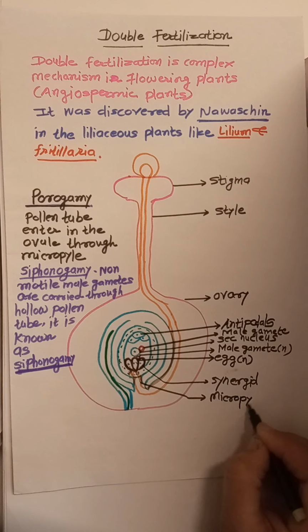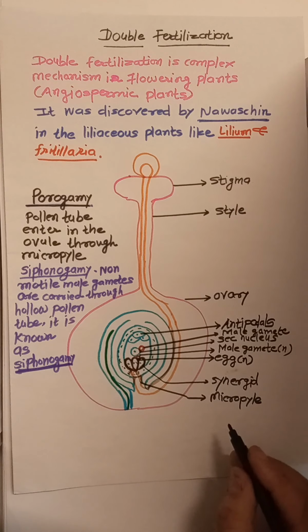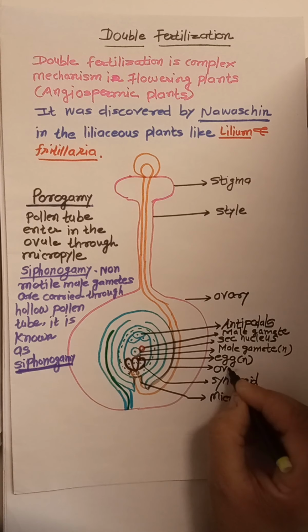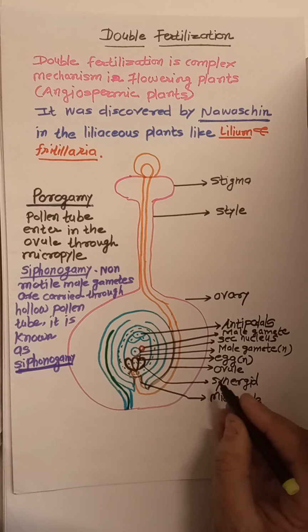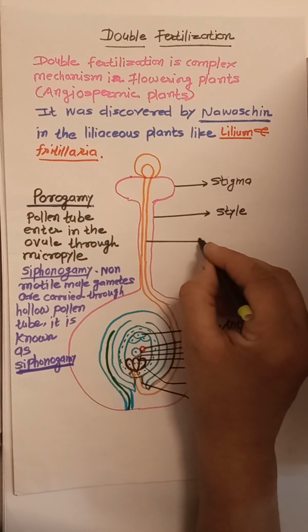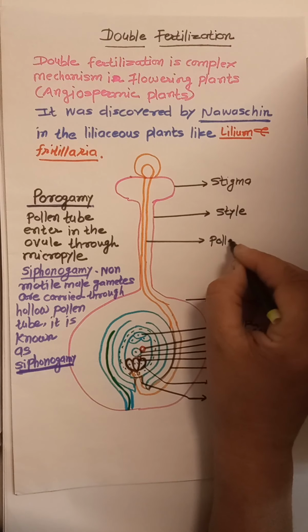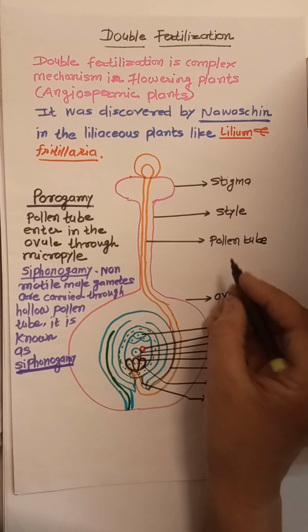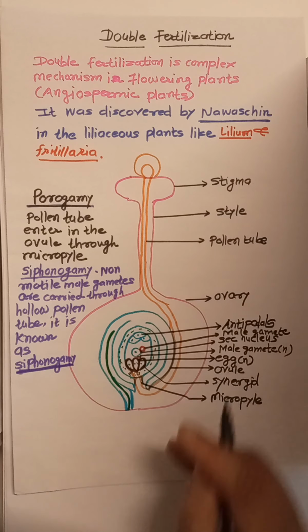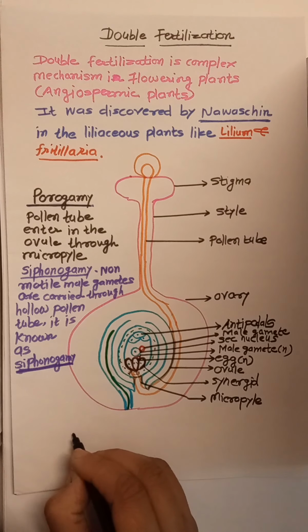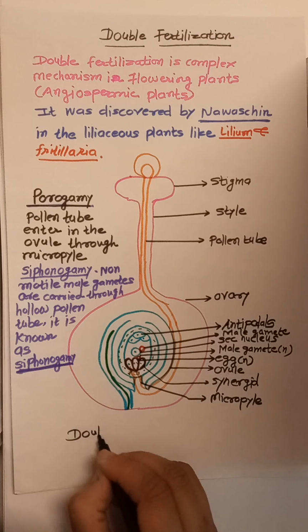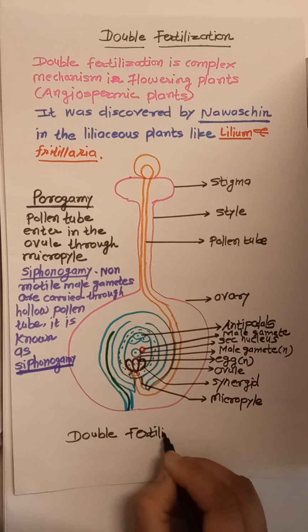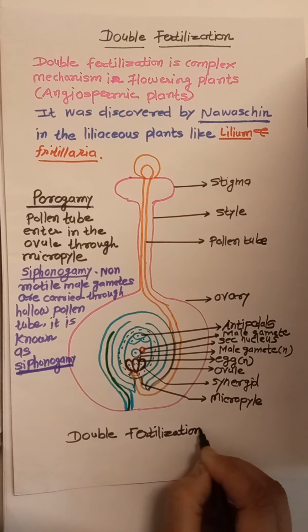So this is micropyle, and this is ovule, and this is pollen tube. So this is diagram of double fertilization.